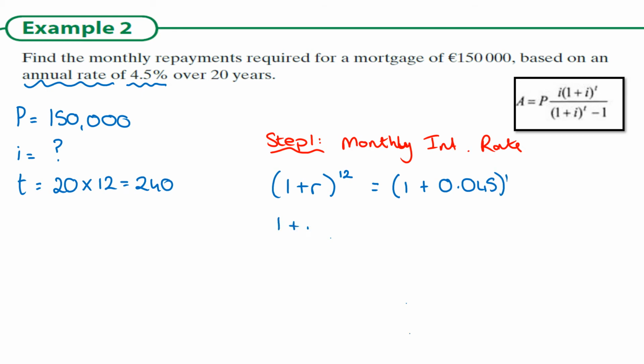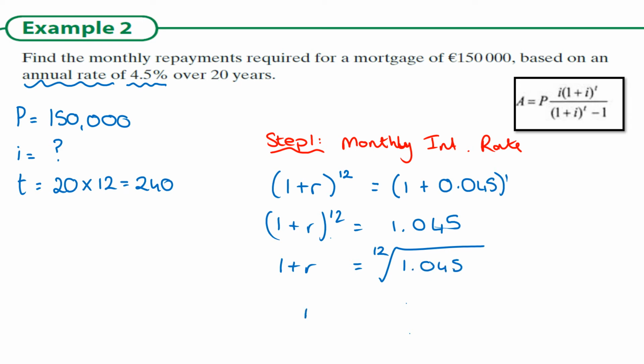So we have 1 plus i equal to 1.045 to the power of 12. So 1 plus i is then equal to the 12th root of 1.045. So i is equal to the 12th root of 1.045, and then we subtract 1.